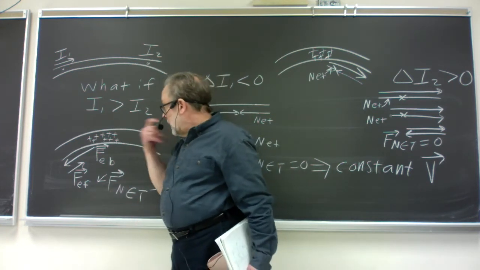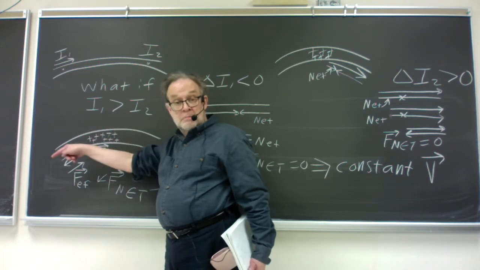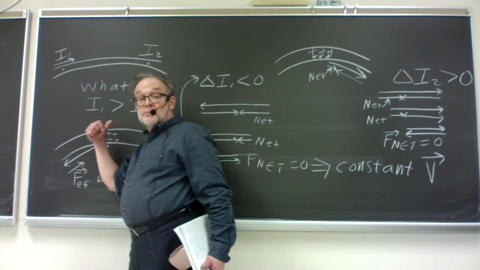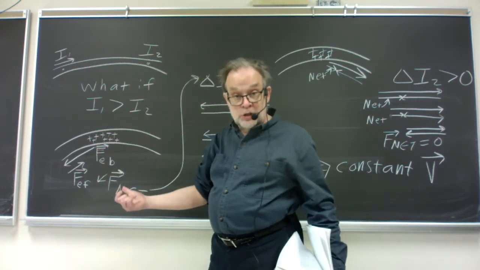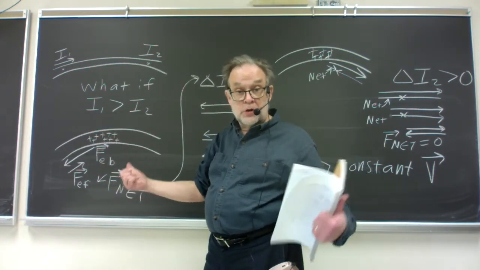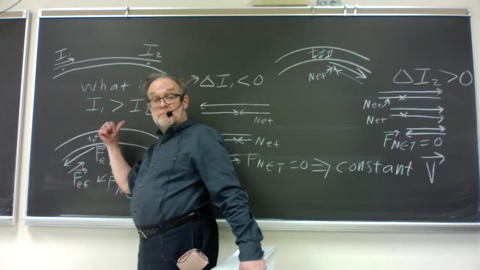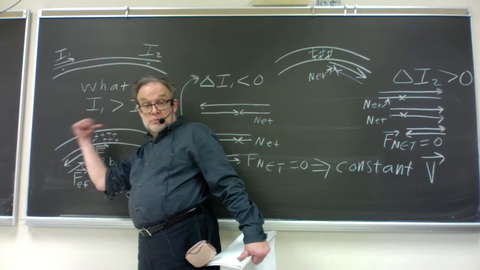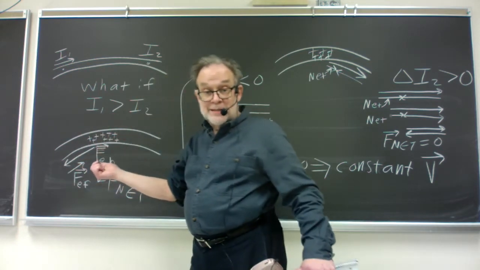So a net force backwards on things that are moving this way, of course, slows down those charged particles that are moving this way. Anytime the net force points opposite to the direction of motion, the thing has to slow down.